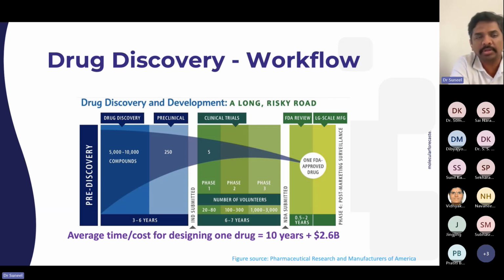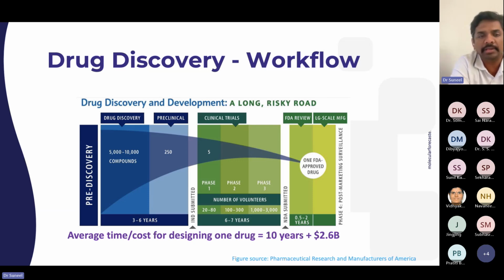Then one best molecule goes to the clinical trials, and if everything goes well and the data is promising, it goes to the FDA review. Everything takes almost 10 years and almost $2.6 billion.